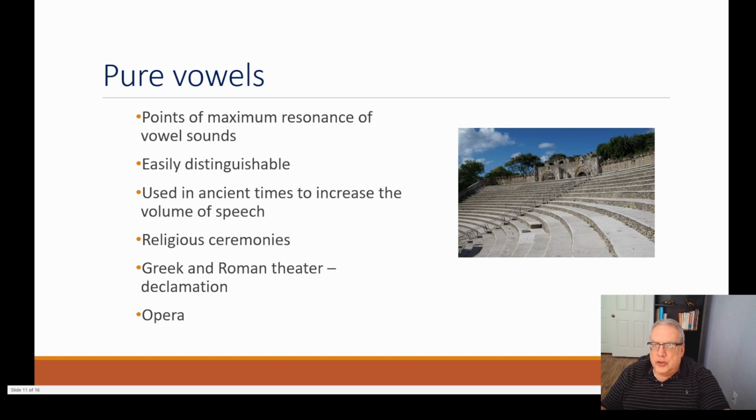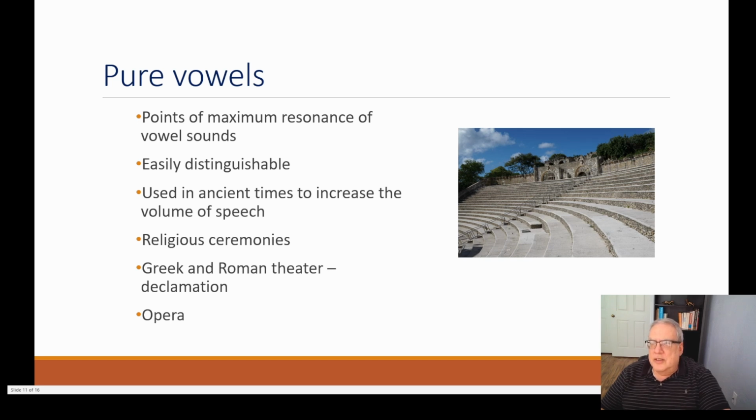And this is an old tradition that comes from the time of the Latins and probably before that, because all of the old world languages, including Hebrew, Phoenician, Greek, and then Latin, use these 5 vowels. Now, checking other texts, I could confirm that these are pure vowels, which are points of maximum resonance for the vocalic sounds.